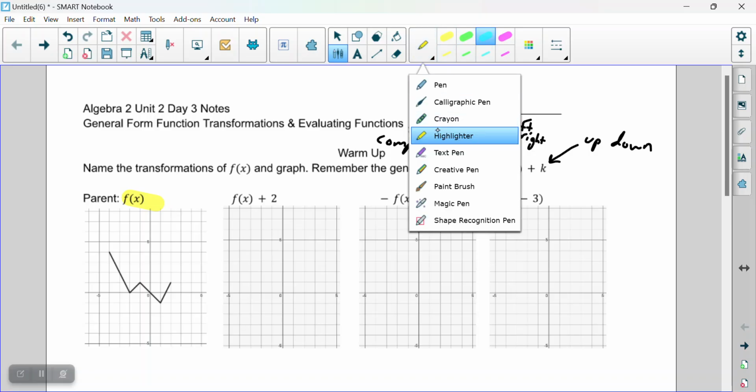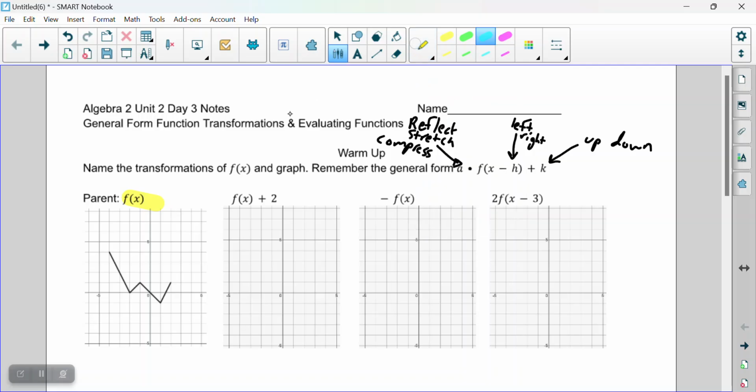And we're asked to find f of x plus 2. That's a k. It's on the outside of the f of x. The outside of the f of x is up and down. Plus 2 would represent a shift up 2.